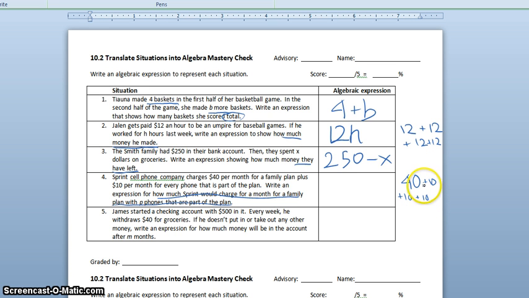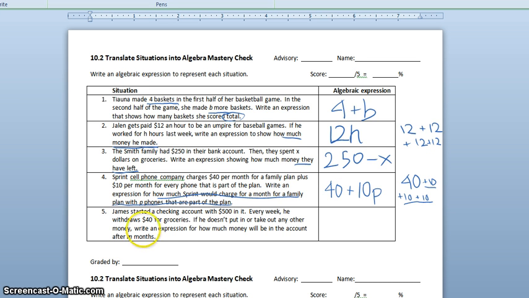So again, we've got this 40 starting amount, but then we have repeated addition of 10s. And the number of 10s that we need to add on is P, the number of phones in the plan. So we're going to do 10P, 10 times P, because we want however many phones there are times 10. And then we're going to add that on to the starting amount of $40 per month.